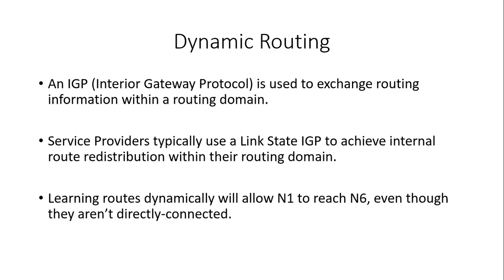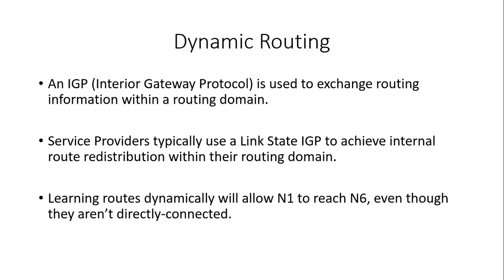But an IGP, or interior gateway protocol, is used to exchange routing information within a routing domain. Service providers typically use a link state IGP to achieve internal route redistribution within their routing domain. And learning routes dynamically will allow N1 to reach N6, even though they aren't directly connected.